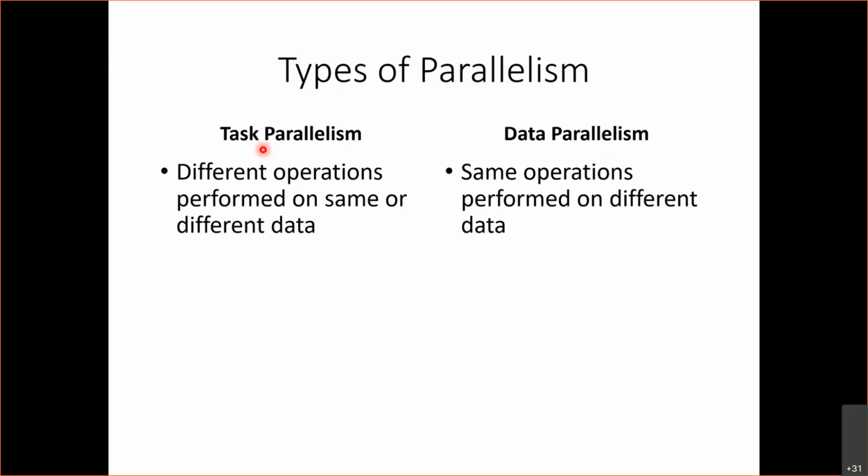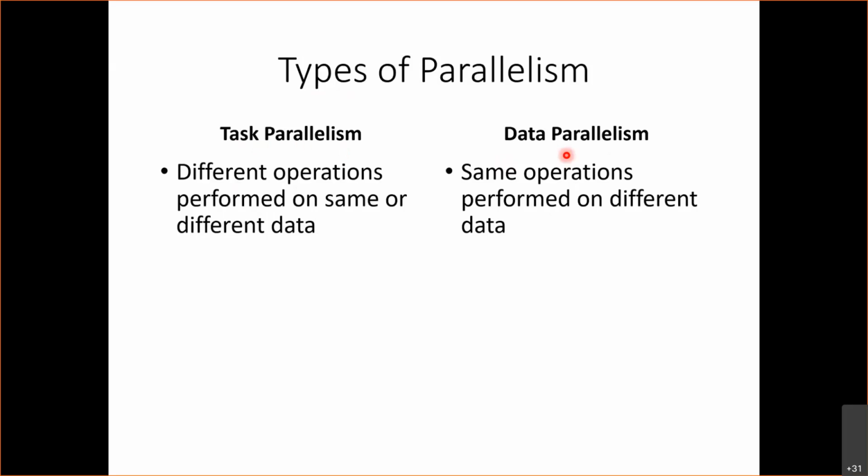The spell checker can run in parallel with your text editing. That's an example of task parallelism. You have two different tasks that do different operations, and these operations may be done on the same data or on different data, but they're different operations.